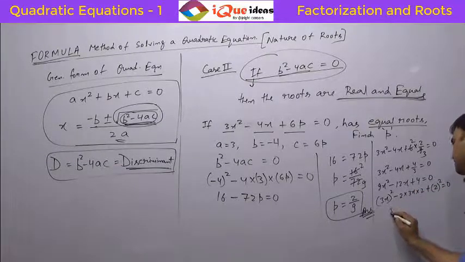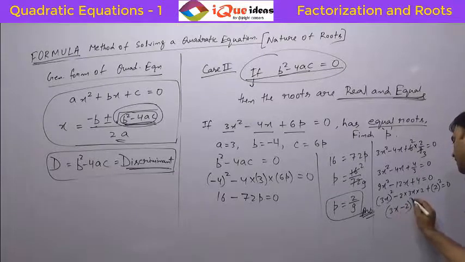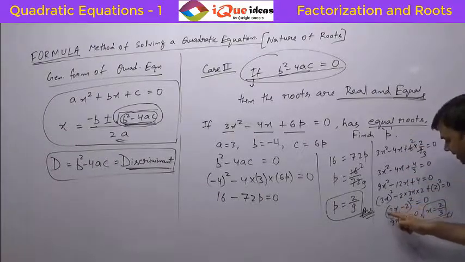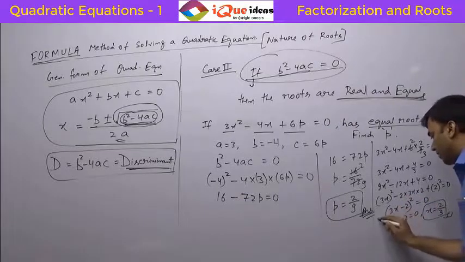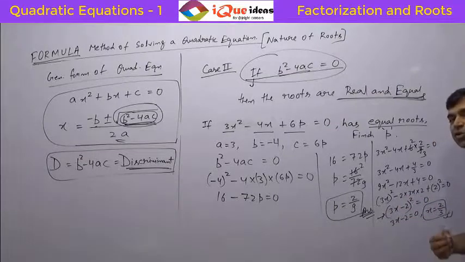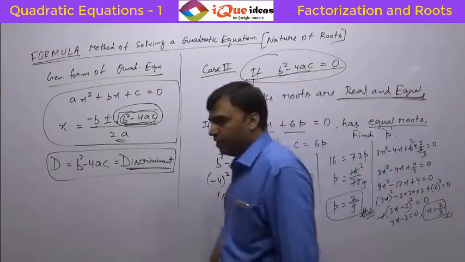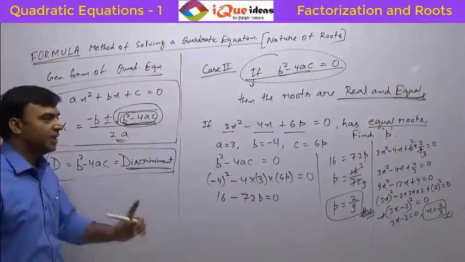So this gives us 3x minus 2 whole square equal to 0. That is 3x minus 2 equal to 0, that is x equal to 2 by 3. Remember, there will be only one root. And if there is only one root, that means this quadratic expression always boils down to a simple square expression, 3x minus 2 whole square. So the value of x in this question is 2 by 3.